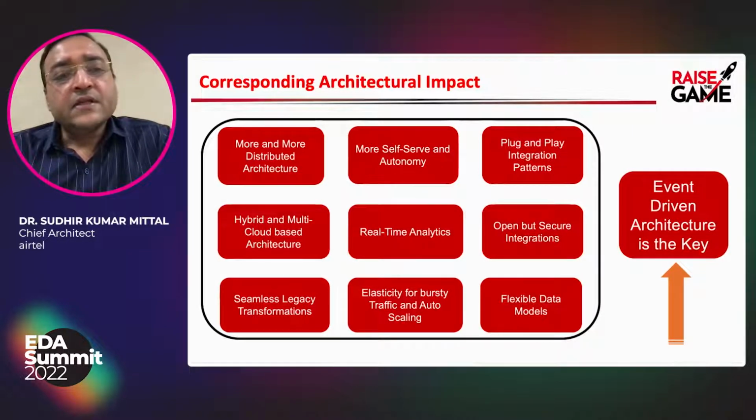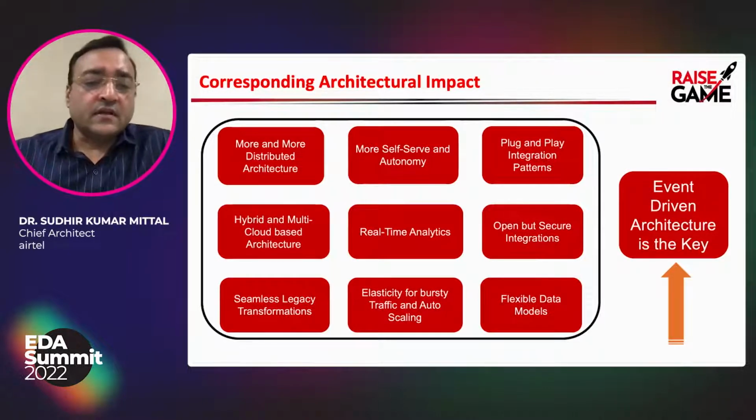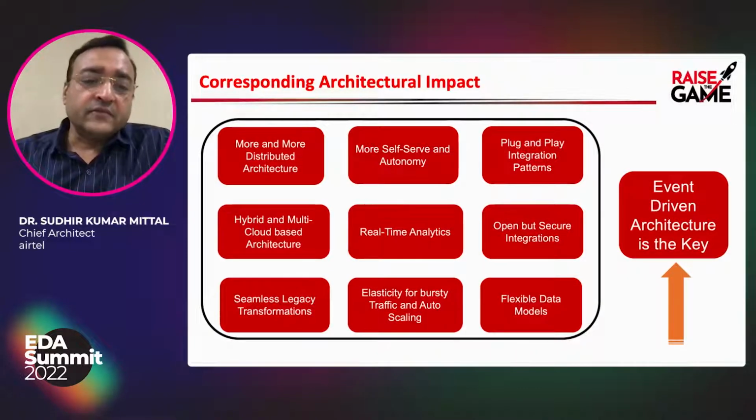And once we distribute this architecture, it has to bring more and more self-serve and autonomy, where each component of the distributed architecture can operate on its own and can be plugged in without much interjection at the other components.